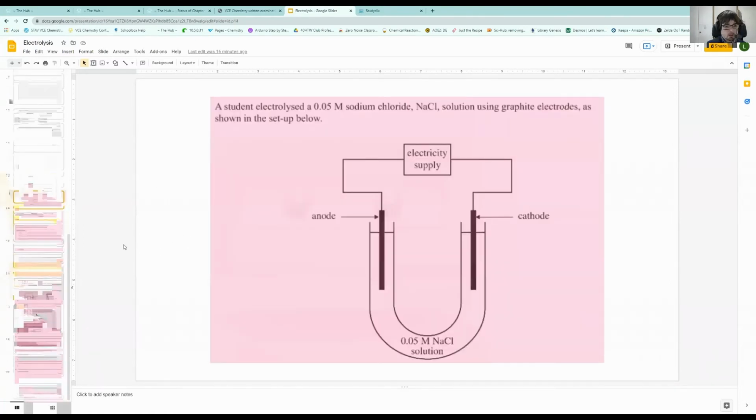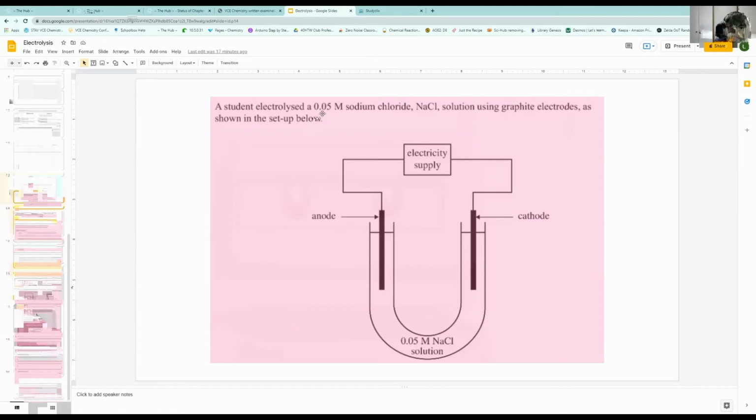All right, let's look at a couple more. It's nice and pink because Study Eclipse likes putting the Northern Hemisphere ones in pink. A student electrolyzed a 0.05 molar sodium chloride solution using graphite electrodes as shown in the setup below. All right, already we're electrolyzing. Have a look at the concentration. This is a very low concentration, so we're expecting quite a low voltage.